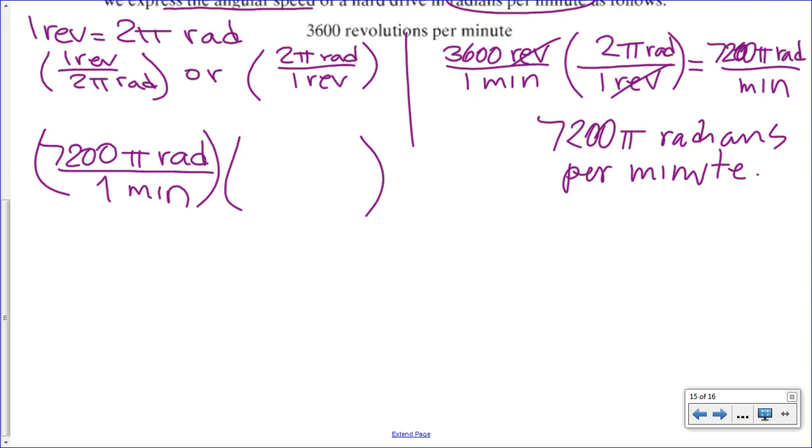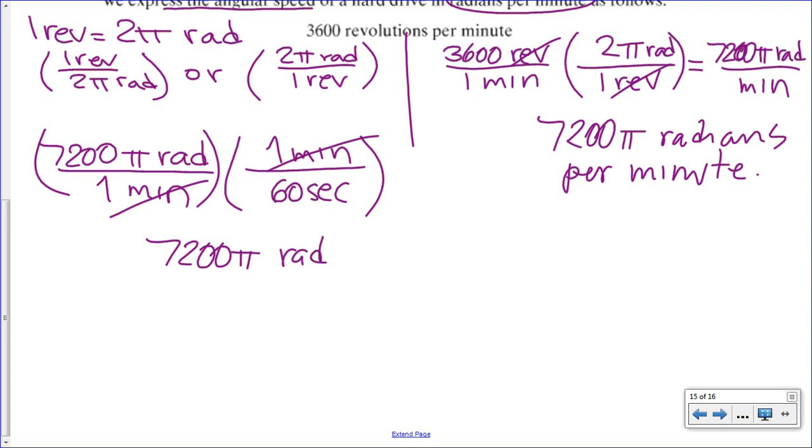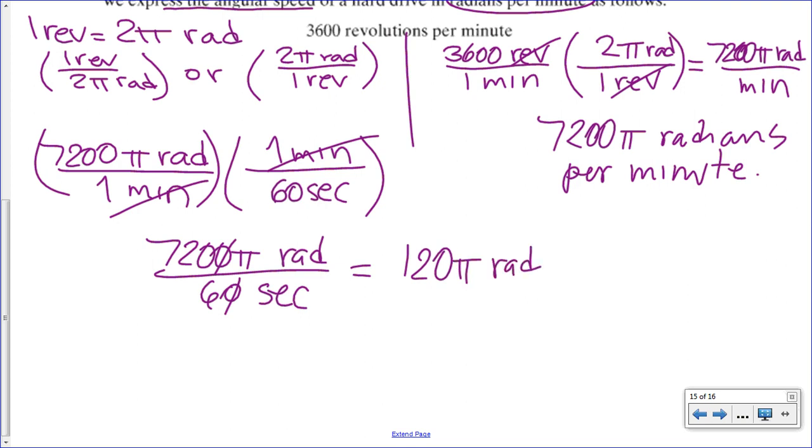On top. 1 minute is how many seconds? 60. So then you will actually divide, right? So 7,200 divided by 60 is 120. So 120 pi radians per second.